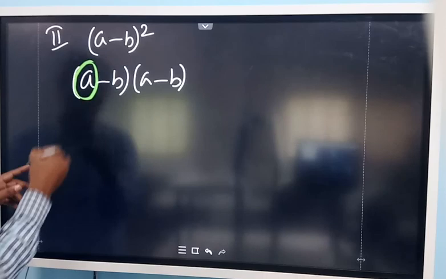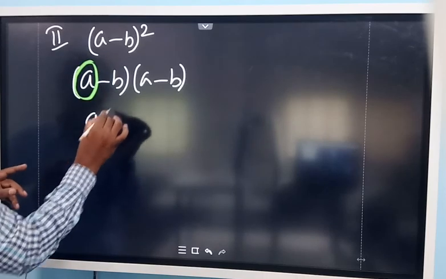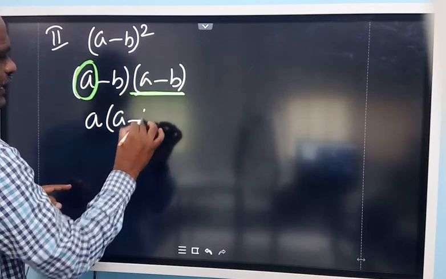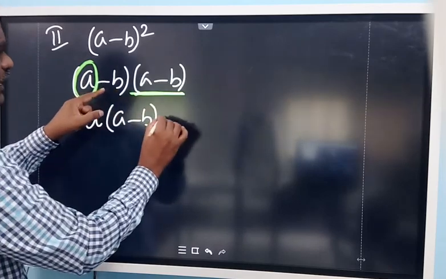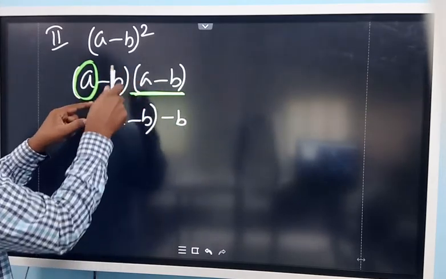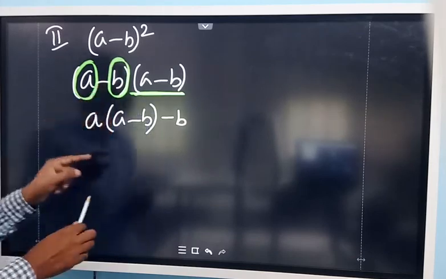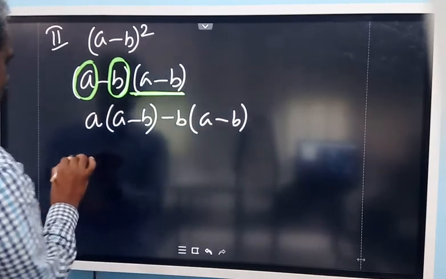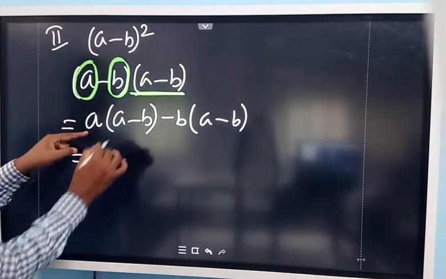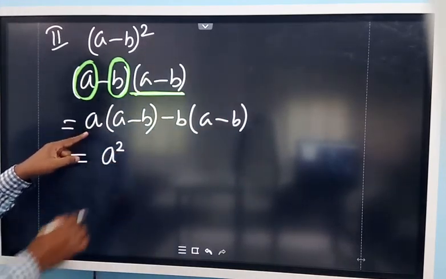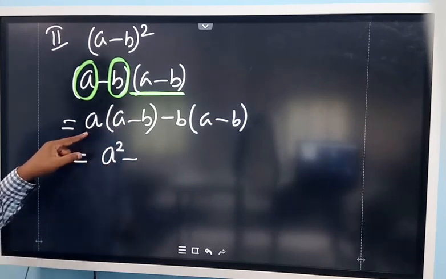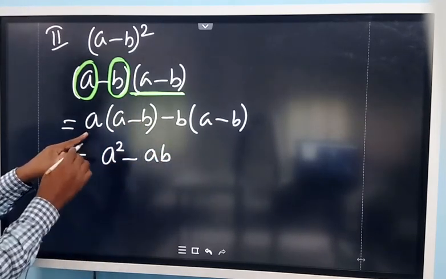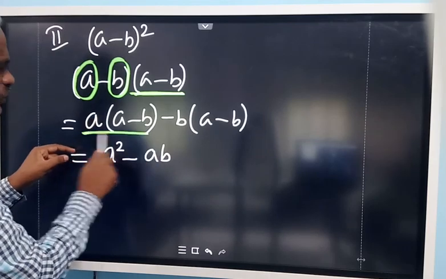Select the first term of the first expression, a, into the complete term (a − b), and then the second term, minus b, with the minus sign, into the complete expression (a − b). So now let us multiply. a into a is a², then minus sign, a into b, it is ab. Okay, this multiplication is over now.